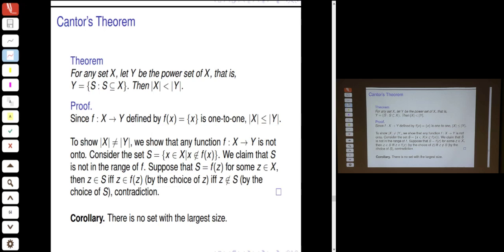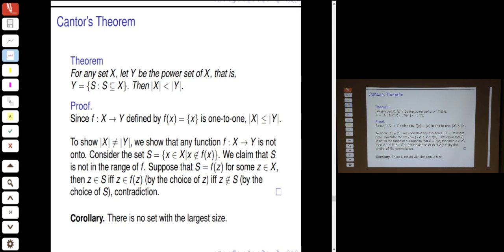The copy of X is very easy because take any element small x from capital X, you can form a subset that only contains x itself. So you map the small x to its singleton, a set which contains a single element x.